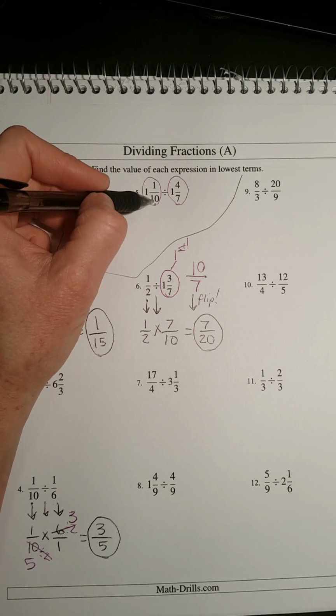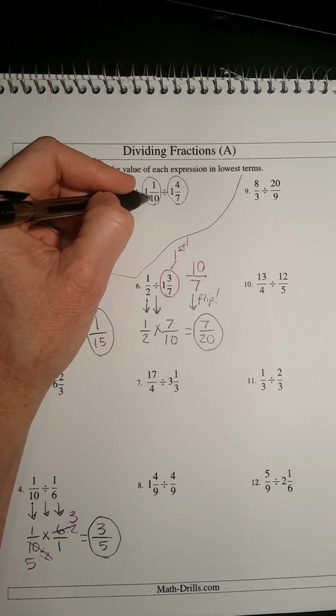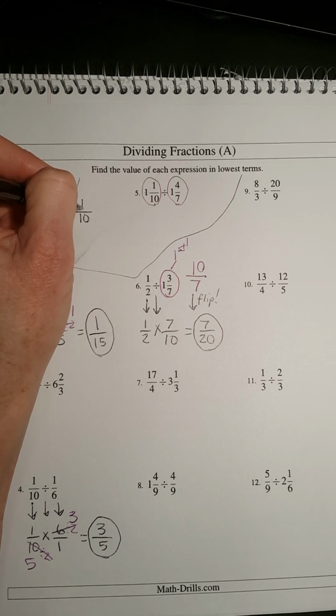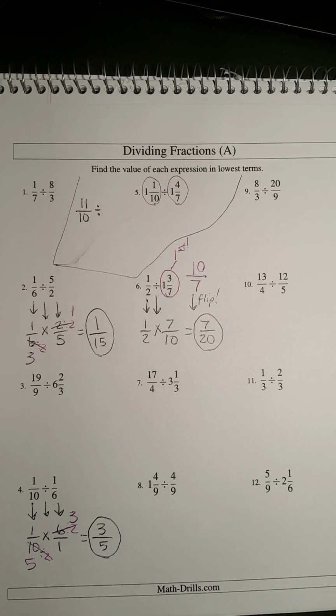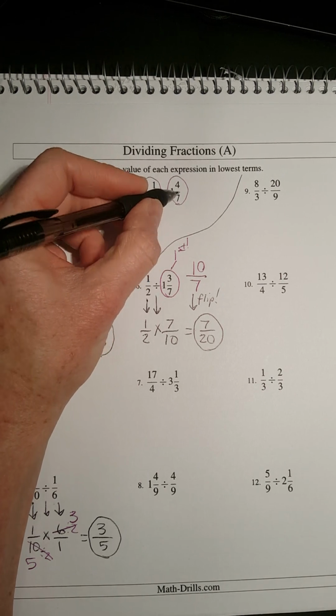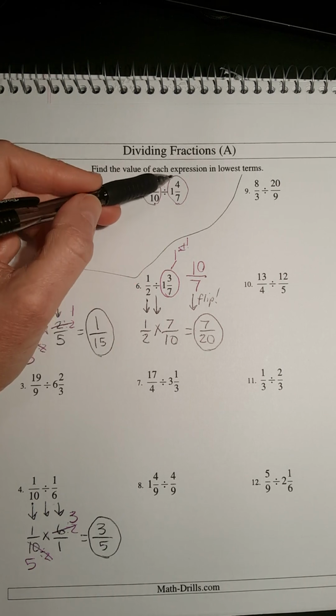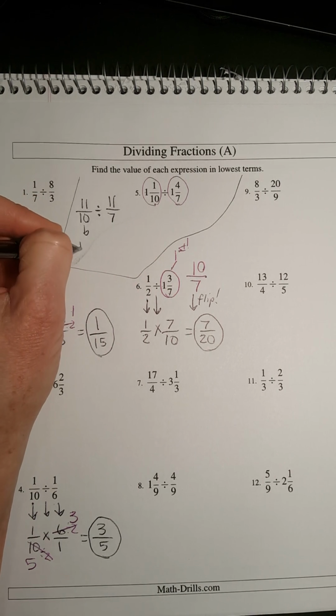All right, I'm gonna turn this into an improper. 10 times 1 is 10 plus 1 is 11. Bring down your division symbol because we're not ready to do our drop, change, flip yet. This one we need to make improper as well. So 7 stays. 7 times 1 is 7. Plus 4 is 11. Now do drop, change, flip.